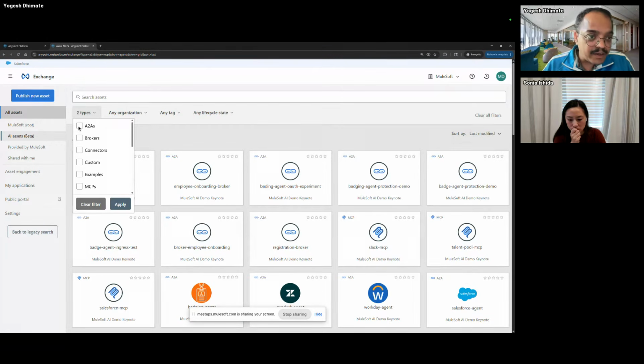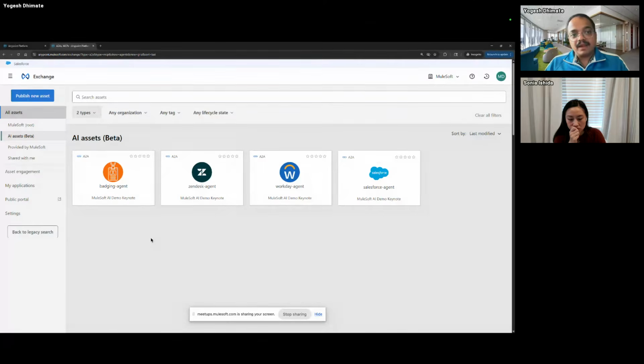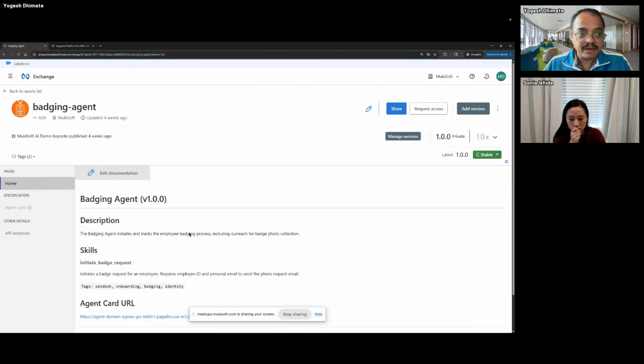She filters down to the A2A and MCP assets and sees that there are already 4 assets out of the 5 necessary steps that she needs to perform. There is a badging agent, Zendesk agent, Workday agent, and Salesforce agent already available. There is still one component missing, which is the talent pool MCP server that she wants to use.